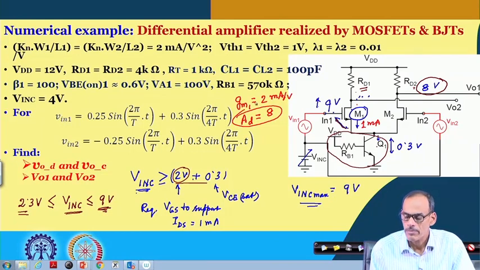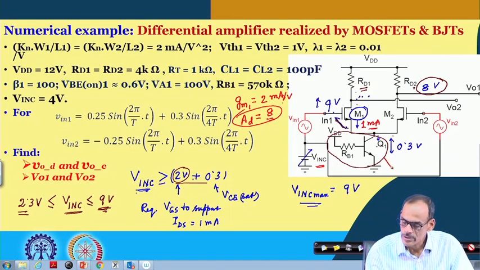And in case you place a resistor here, of course, the corresponding current depends on the V in C, and hence the corresponding GM will also change, and then of course, the corresponding differential mode gain. So, that is the advantage of having this active tail resistor.